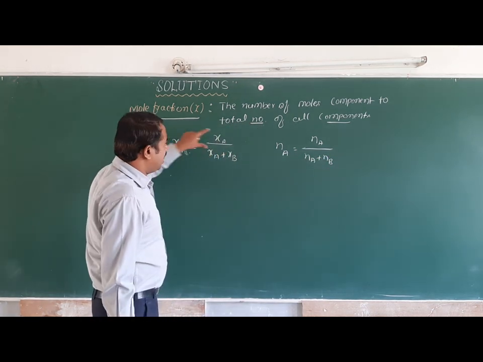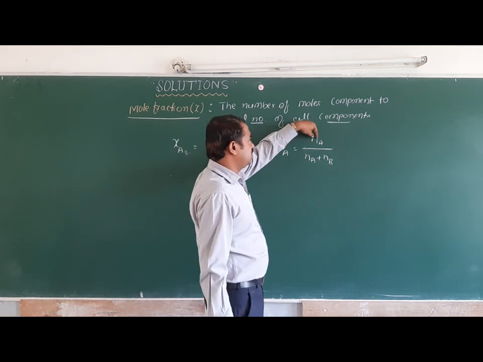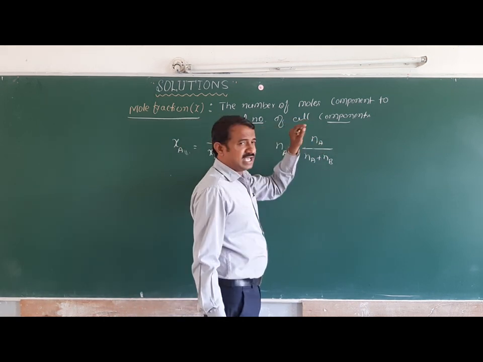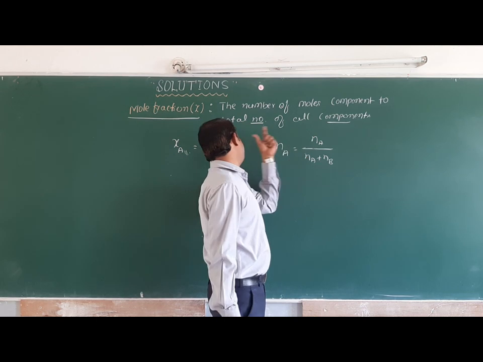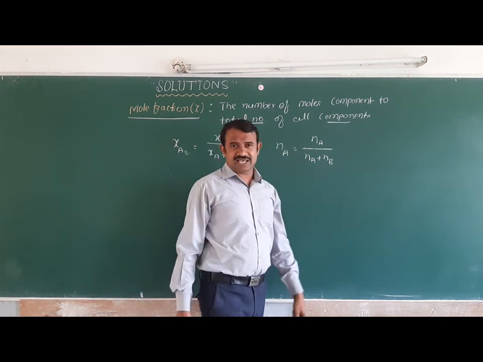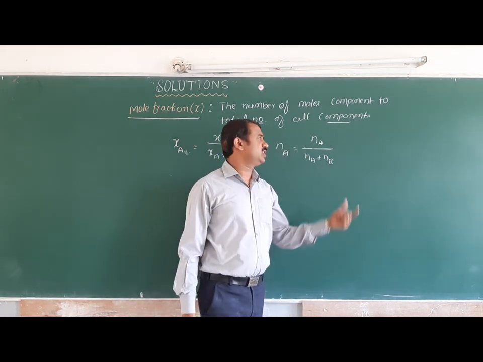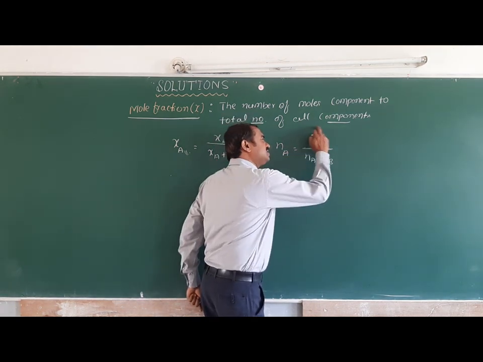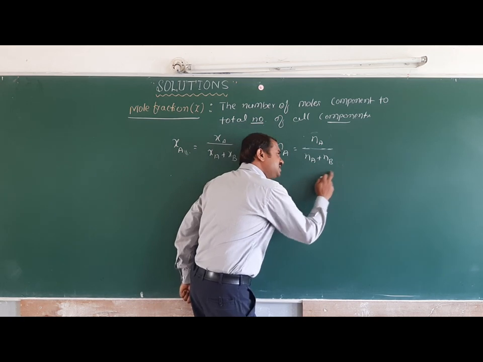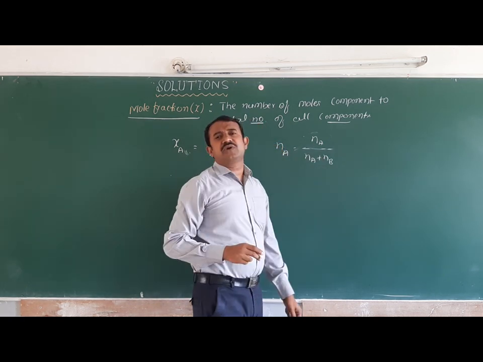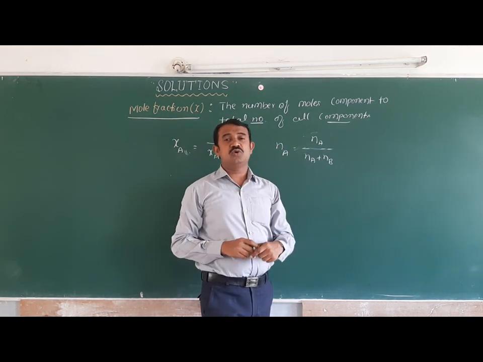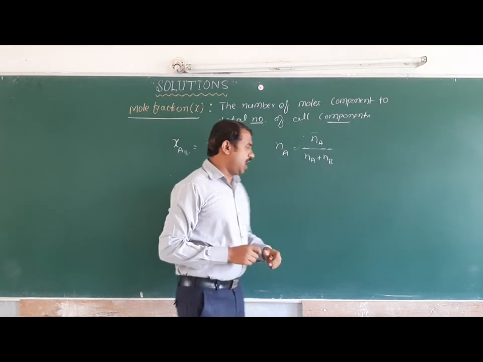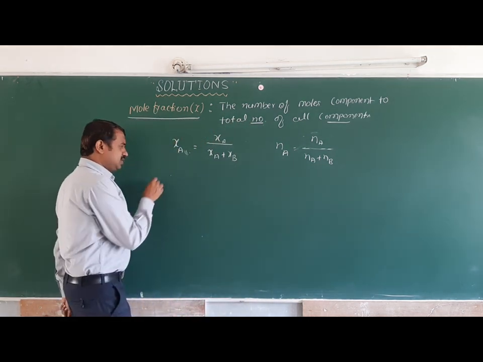This is the formula. It means the number of moles of a component present in the total number of moles of all components is called mole fraction. Coming here, I will write an example.